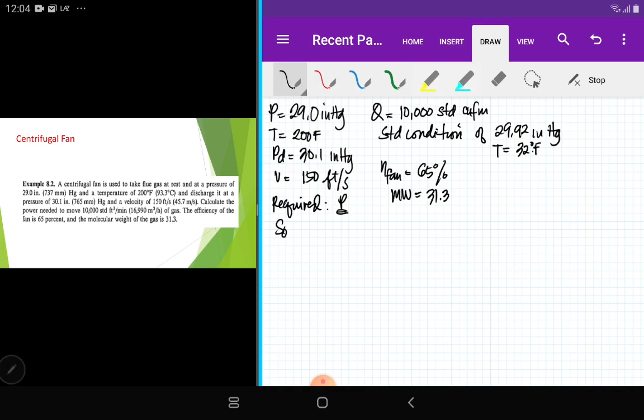Solution. First we have to calculate the actual suction density.